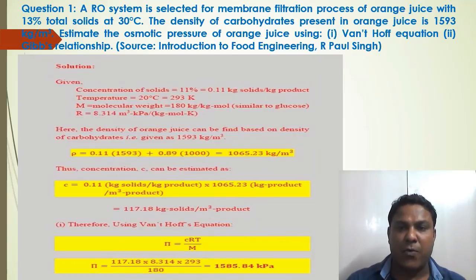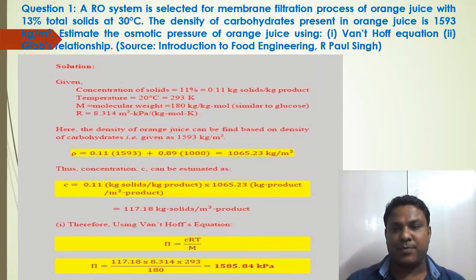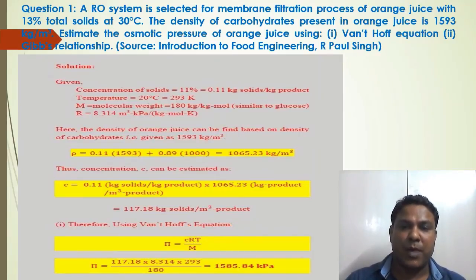The density of carbohydrate present in orange juice is 1593 kg per meter cube. We have to find the osmotic pressure of orange juice using the Van 't Hoff equation and the Gibbs relationship. This question is from the book Introduction to Food Engineering by R.